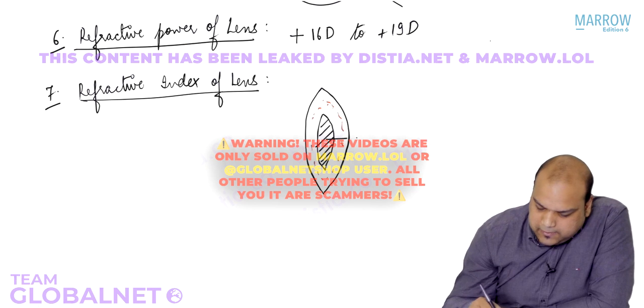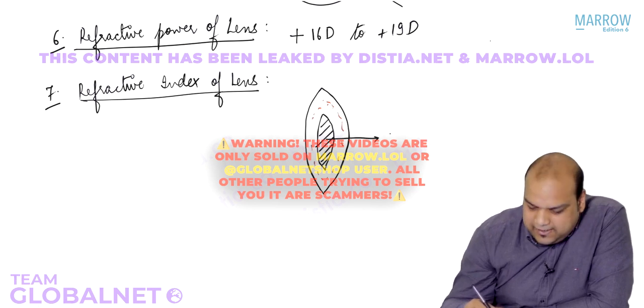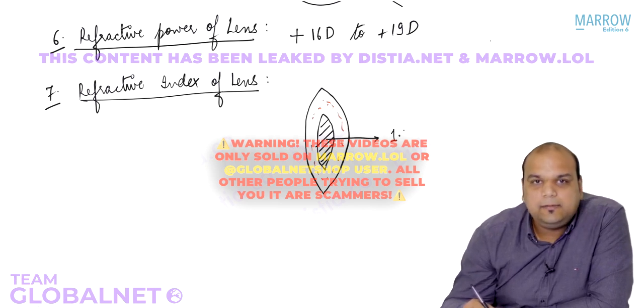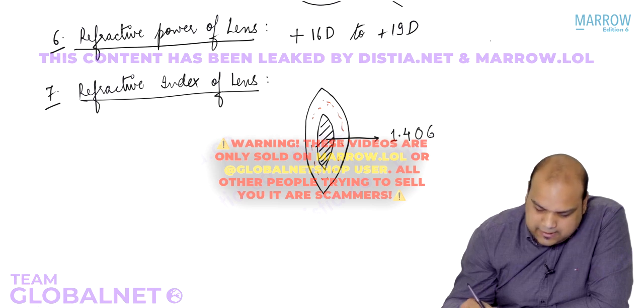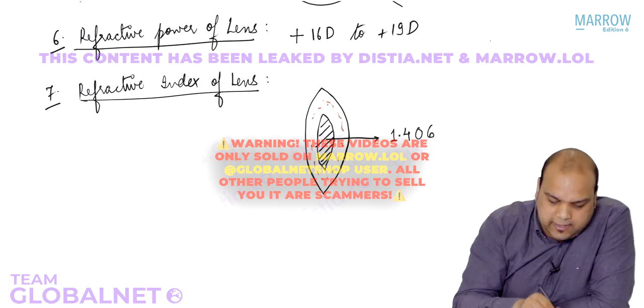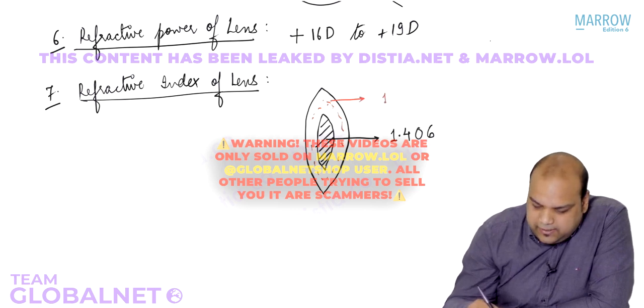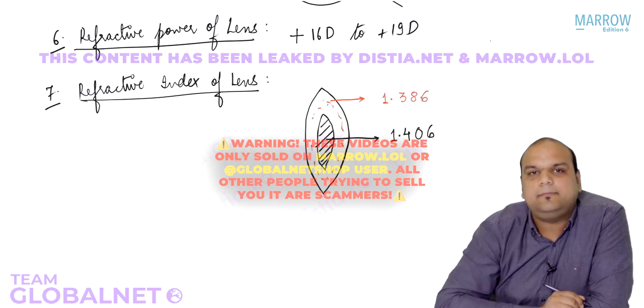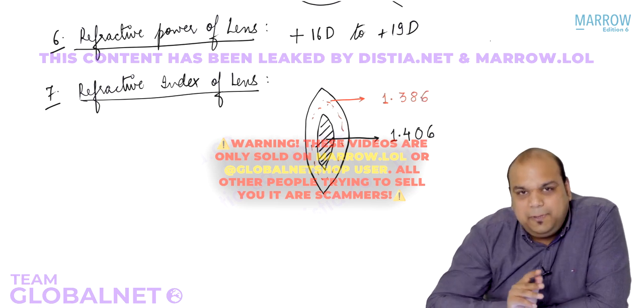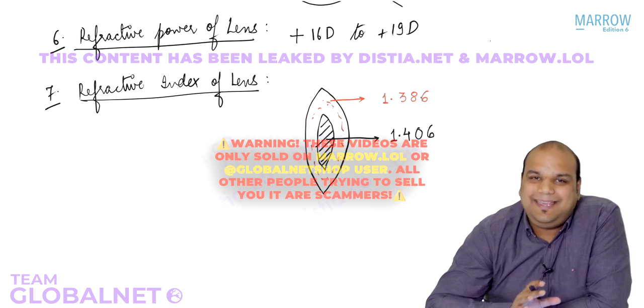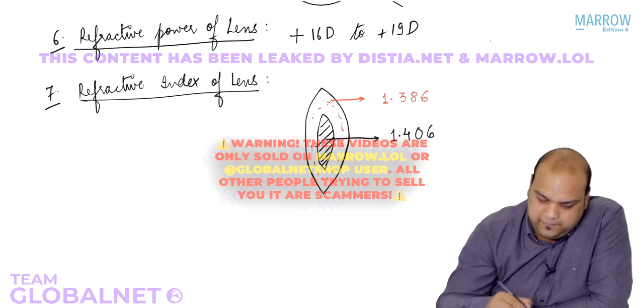The central part has a refractive index of 1.406, whereas the peripheral part of the lens has a refractive index of 1.386. So, depending on the part of the lens, the refractive index is different.